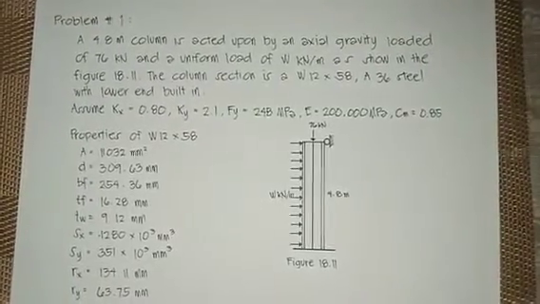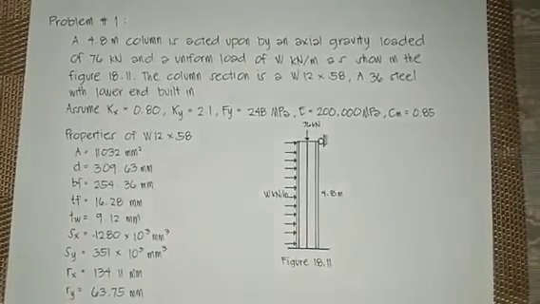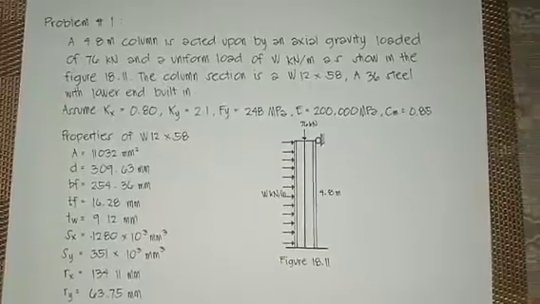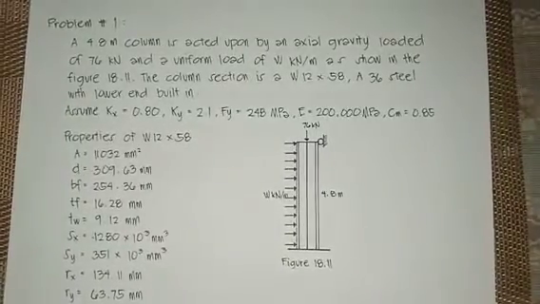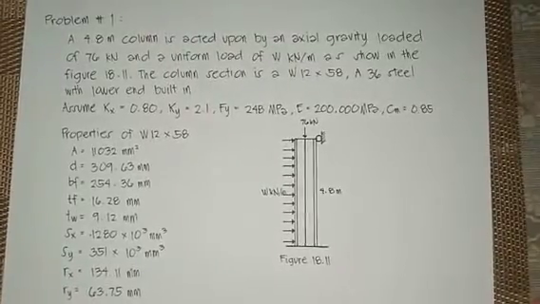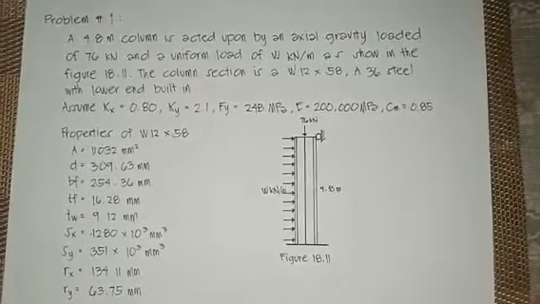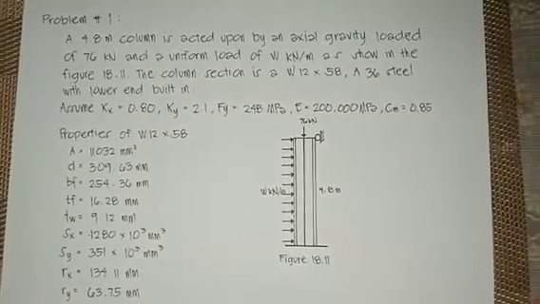So, problem number 1. A 4.8 meter column is acted upon by an axial gravity load of 76 kN and a uniform load of W kN per meter as shown in figure 18.11.